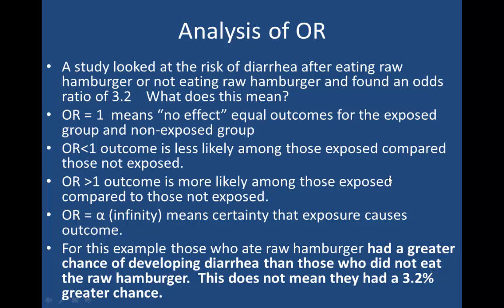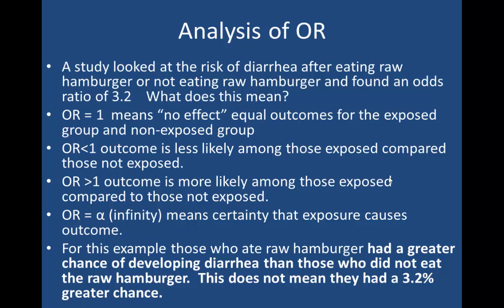An odds ratio can be as large a value as infinity. So if I had an odds ratio of 1,265,437, it would be pretty much the same as saying it's almost certain that if you ate raw hamburger, you would develop diarrhea.